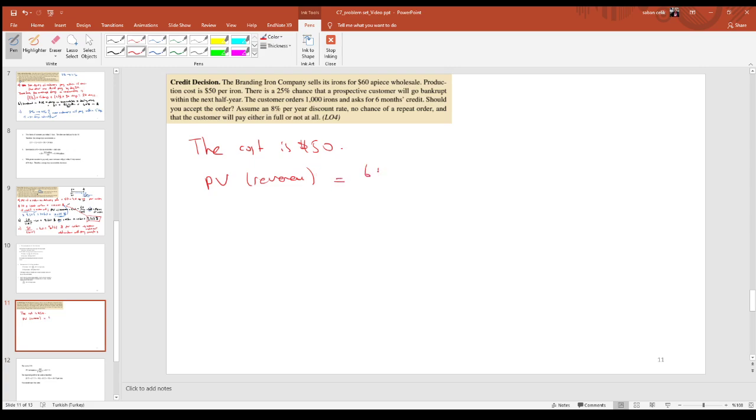Well, you are going to receive $60 at the end of the 6th month, and you need to discount by 1.08 to the power of 1 over 2. That's why we need to do this. The 1 over 2 means half year adjustment.